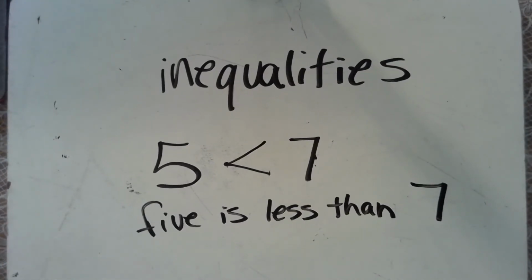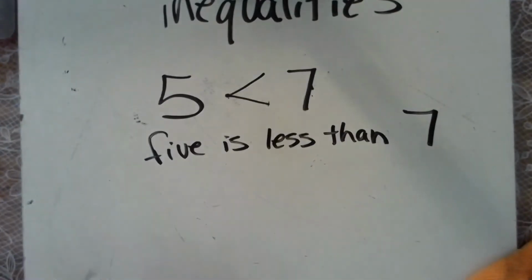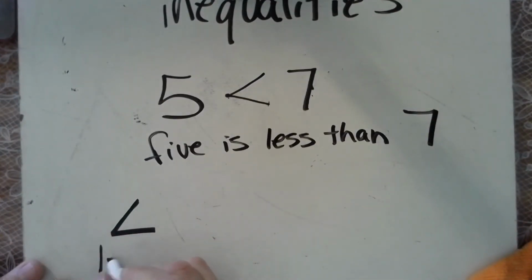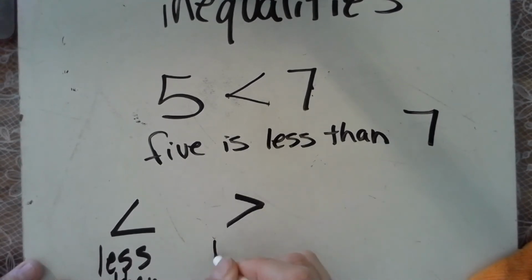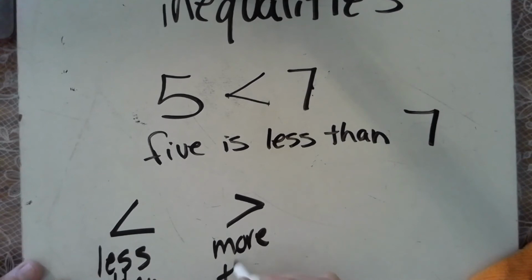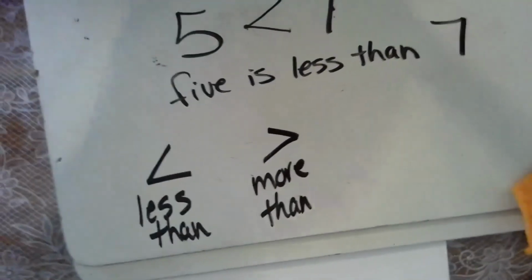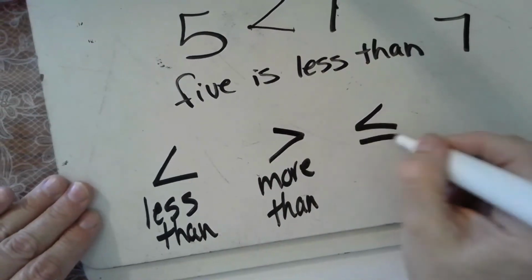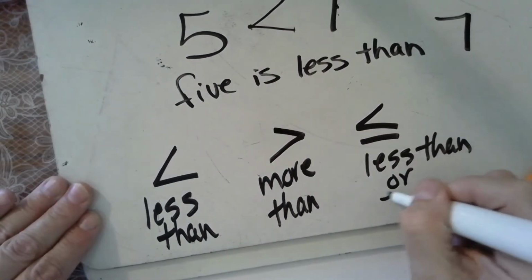So some of the symbols for inequality, there are 4 symbols for inequality. That's the less than. That's the more than. This is less than or equal to.